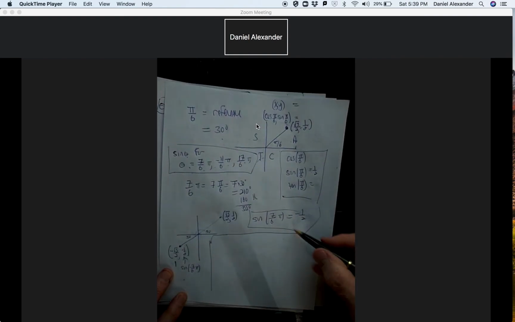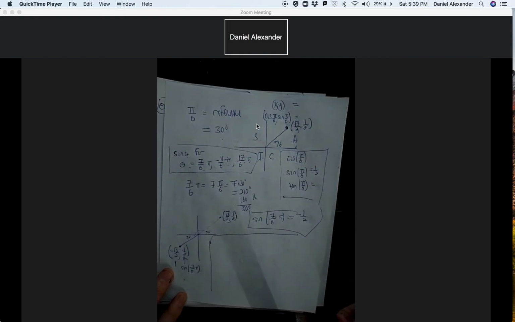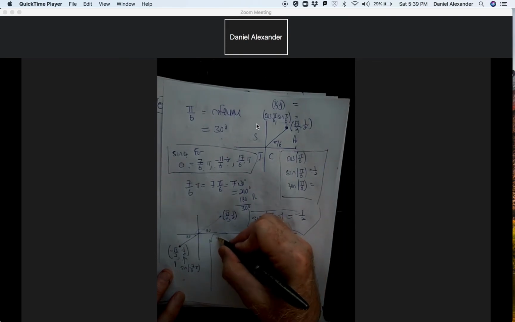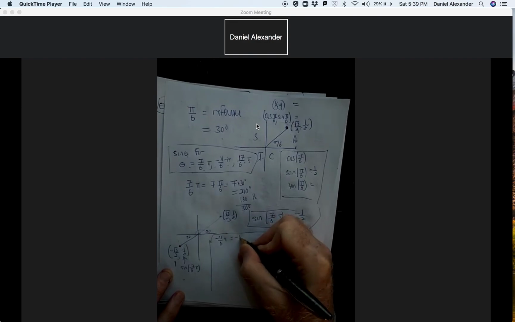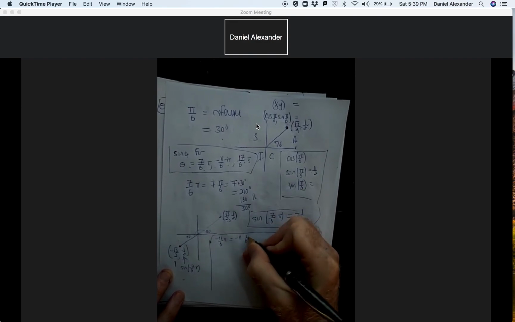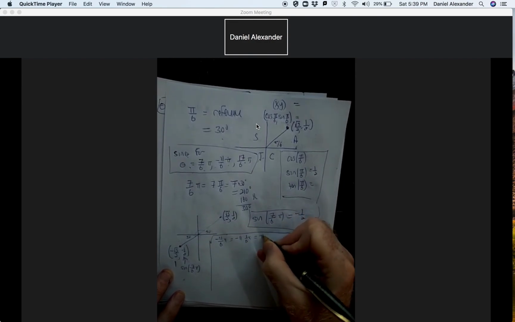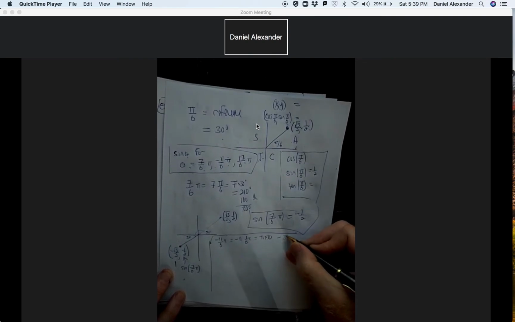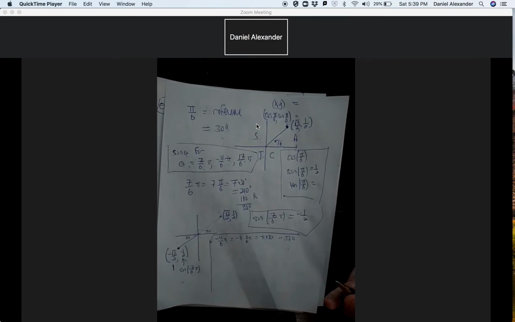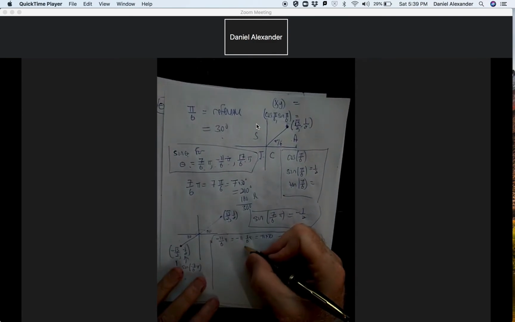Okay, so let's do minus 11/6 pi. That's going to be minus 11 times 30 degrees, pi over 6. That's going to be minus 330. So it's going to be 30 degrees short of the full circle. So let's draw that.